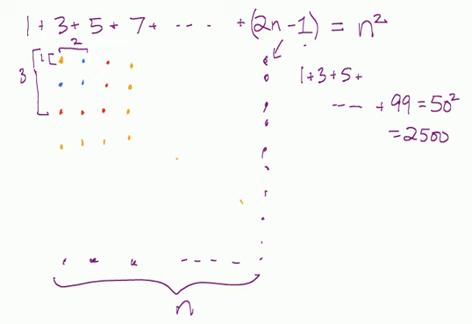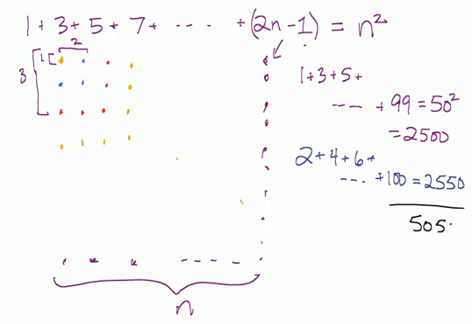Now what's great is you can combine this with the previous 2 plus 4 plus 6 all the way up to 100. Remember? We saw that was 2,550. If we add these two together, what do we get? We get 5,050, which is the sum 1 plus 2 plus up to 100.